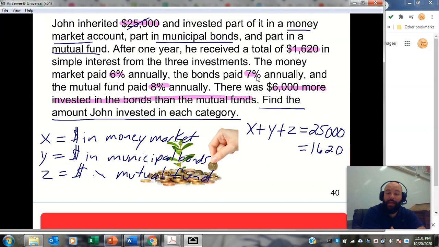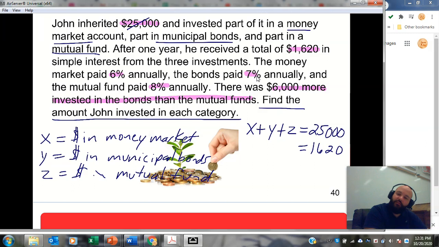So you'll actually end up paying 70 cents additional on the $10 that you owe. In this case, you would multiply 0.07 times 10, which would give you 0.7, which is 70 cents. In our problem here, we don't know how much money we have in the money market, but we do know that it's going to earn 6% annually.